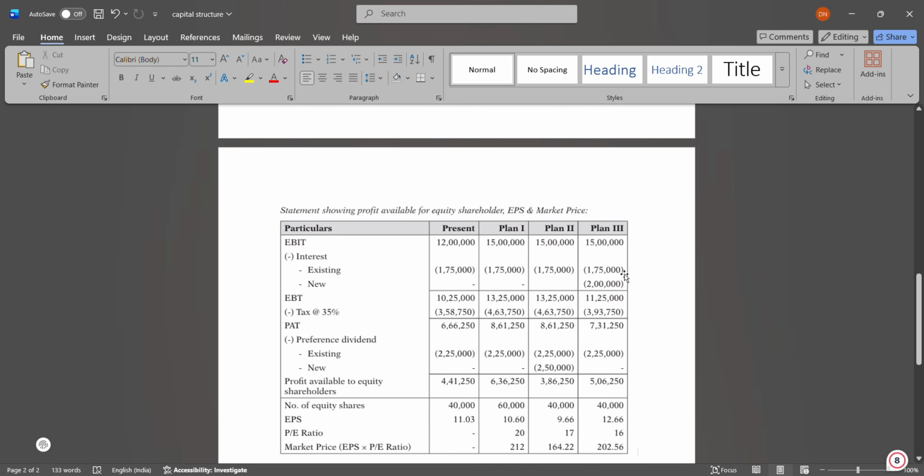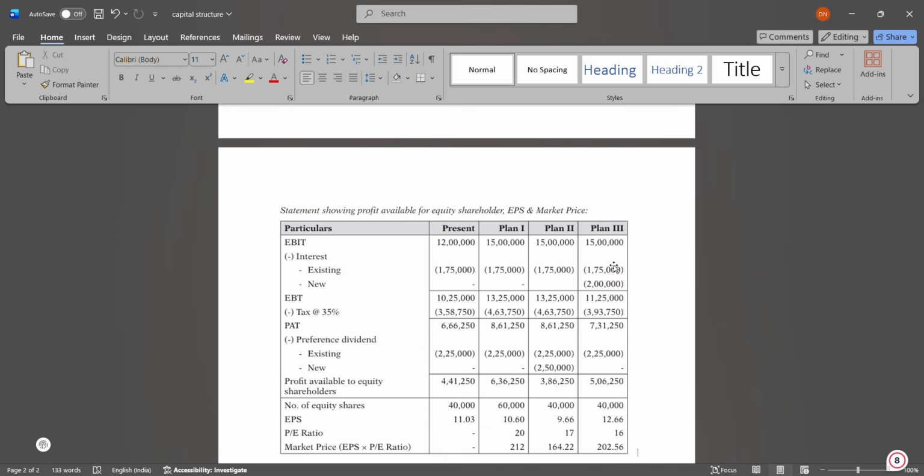Now you may have a question: why have we deducted 1 lakh 75,000 for our new plans as well? That is for the 25 lakh new generation. We have done the deduction because the total contribution taken into consideration is 1 crore 25 lakhs. So the very first deduction will be of the existing interest, that is 1 lakh 75,000.